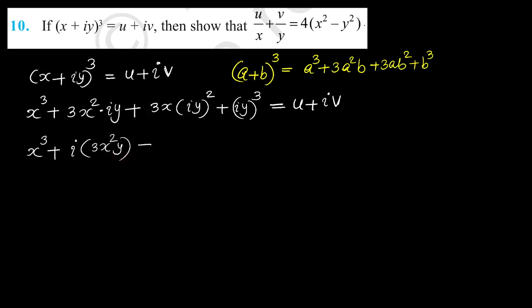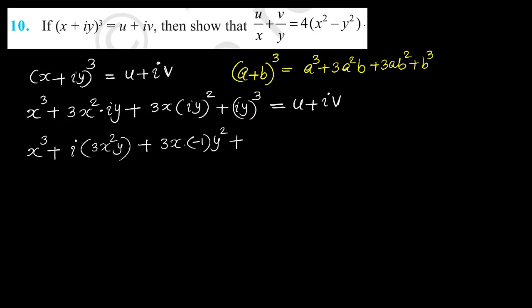Plus the third term 3x into i square y square, isn't it? i square is minus 1, so minus 1 into y square. This one is i cube y cube.